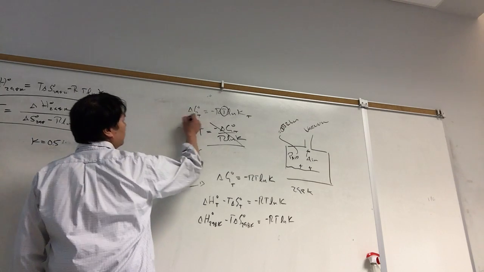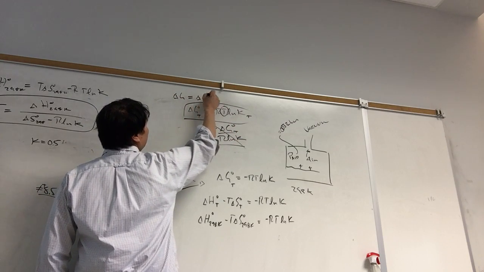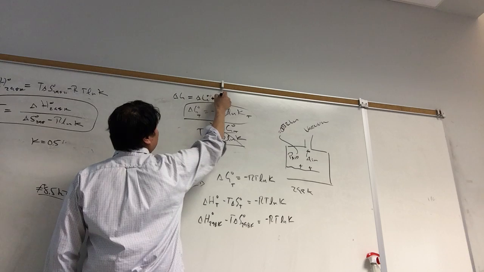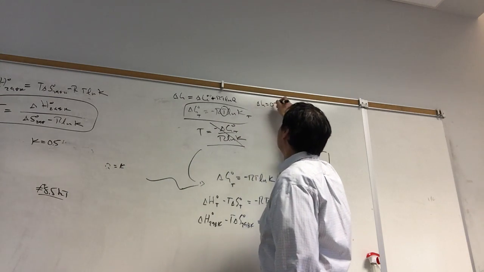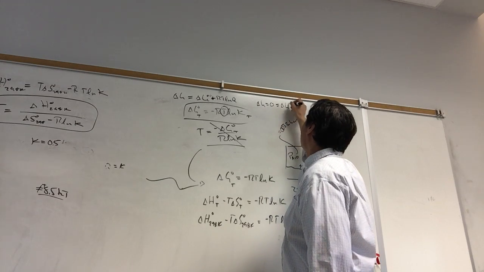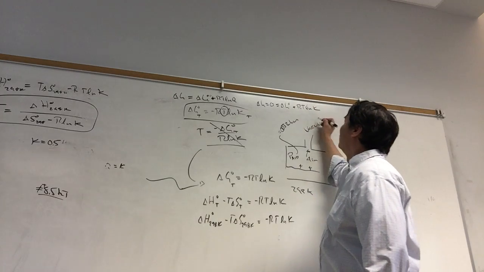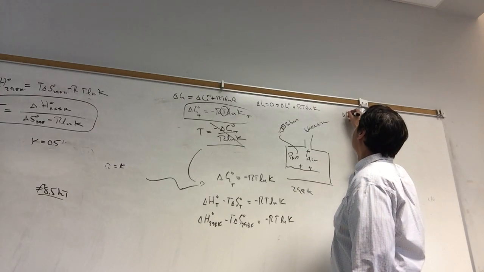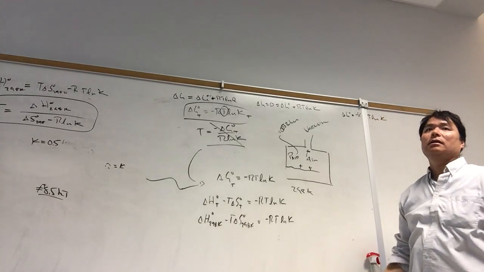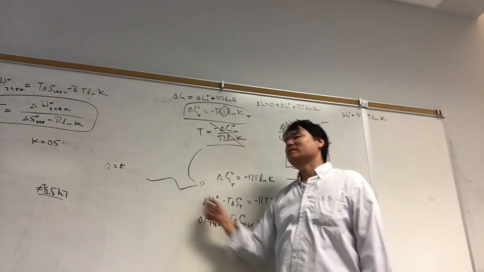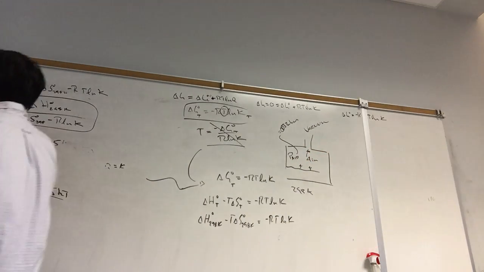This equation comes from delta G under non-standard conditions equals delta G naught under standard conditions plus RT ln of Q. Then we set delta G equal to 0, which equals delta G naught plus RT ln of K, and solve for delta G naught: delta G naught is equal to minus RT ln of K. Both of those paths lead to the same equation, and this is the way we can solve for the temperature.